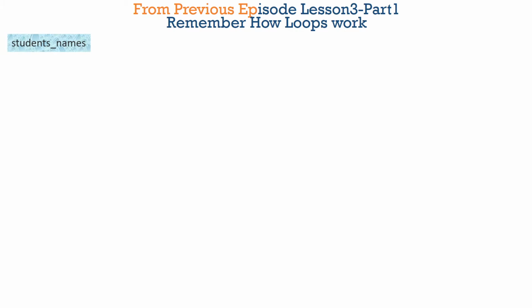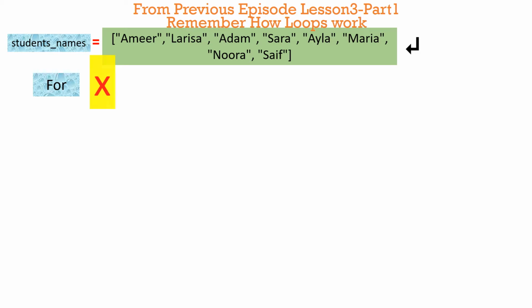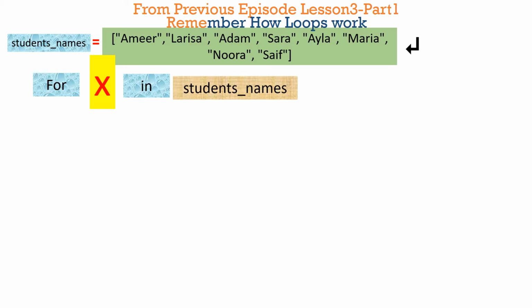In the previous episodes, we stored the names in a list called students_names. Now I will use the for command to iterate over the list items. X is the item inside the list. N, students_names is the list.